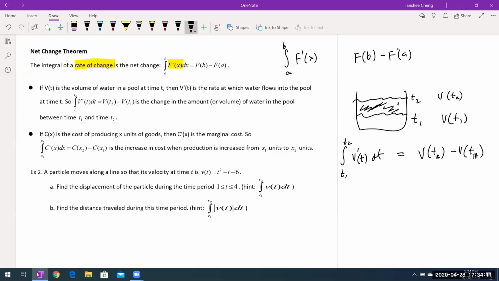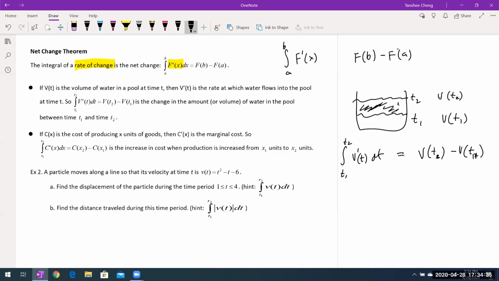So if you take the integral of this marginal cost, that tells you the increase or decrease in the cost of production from producing one more item or x amount more items.